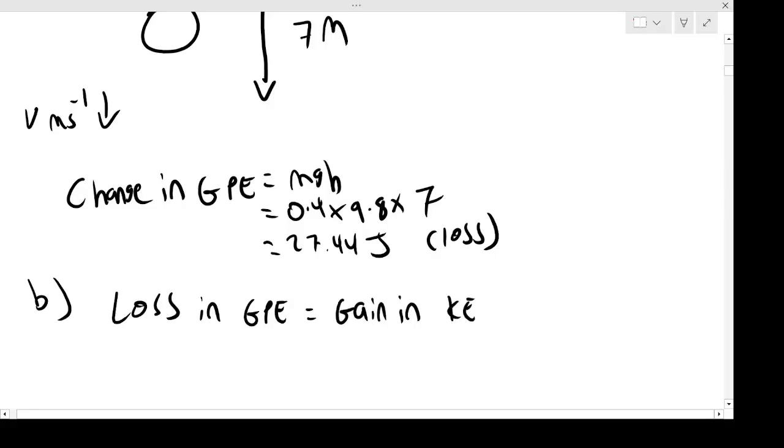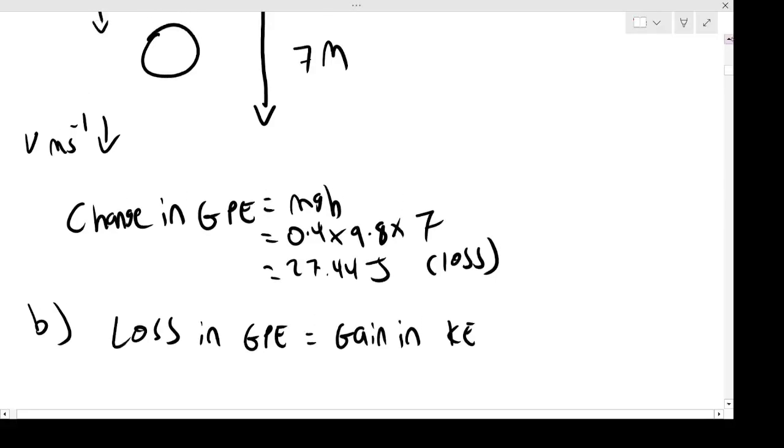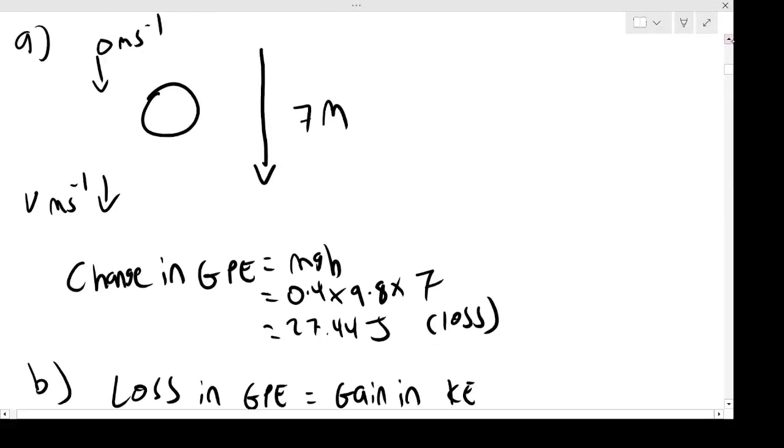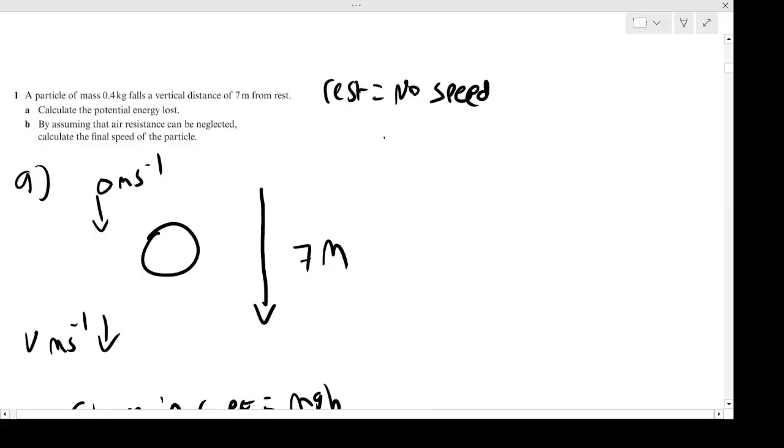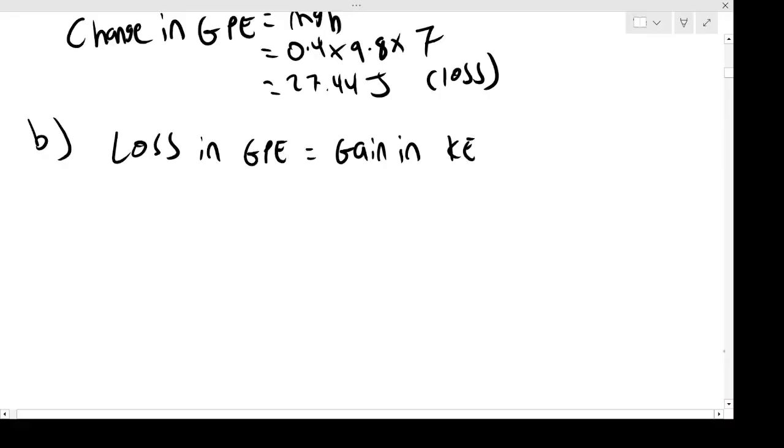Okay, these are the only two energies we consider in this chapter. It's kinetic energy and gravitational energy. Nothing else for now. Well, we know that the loss is again 27.44. We've worked that out. That has to then be the gain in kinetic energy.